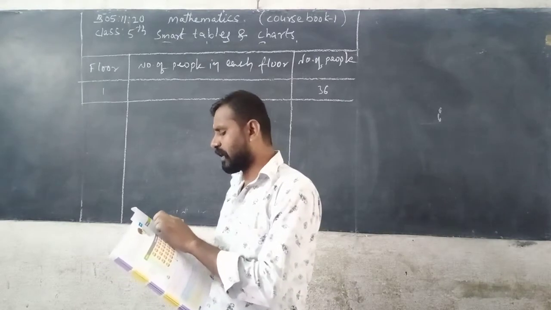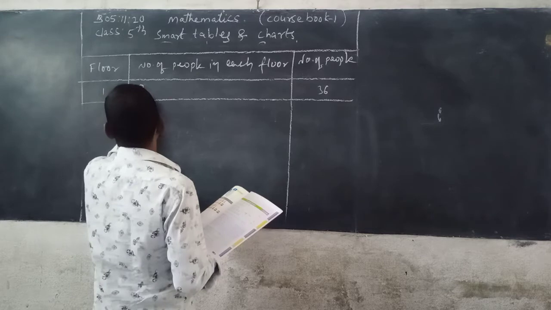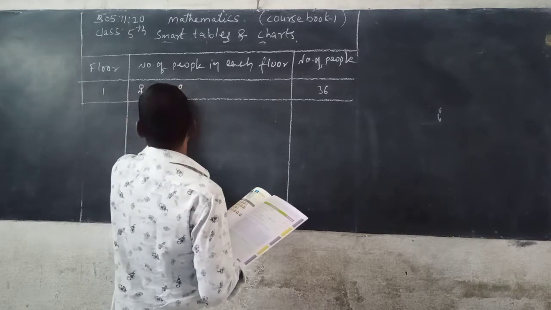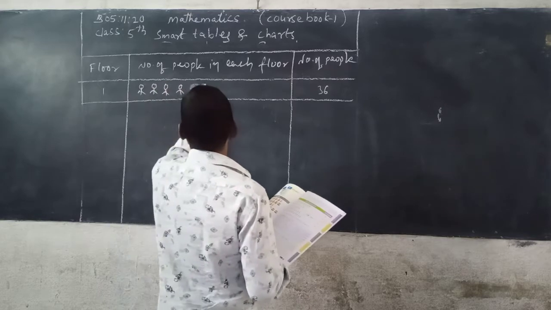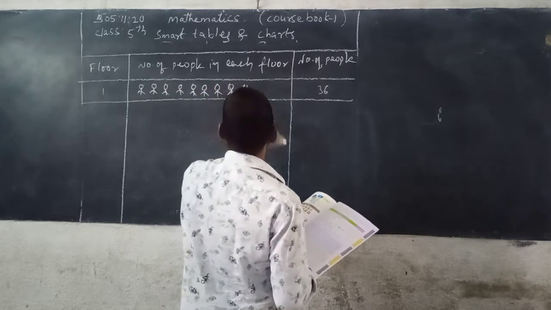So you can draw 9 persons: 1, 2, 3, 4, 5, 6, 7, 8, 9.